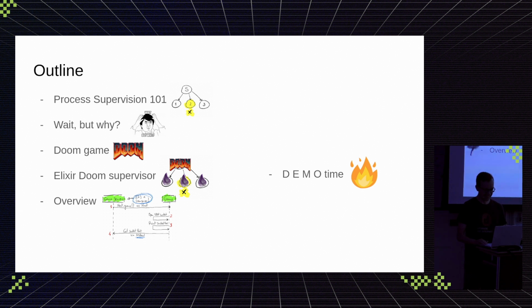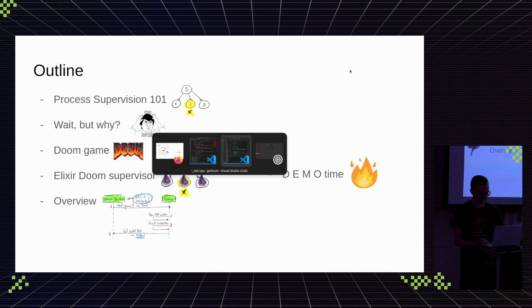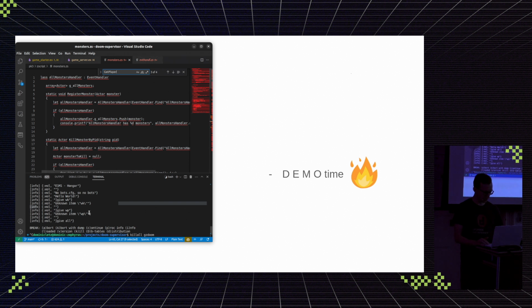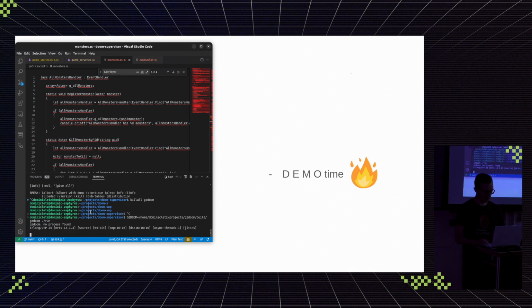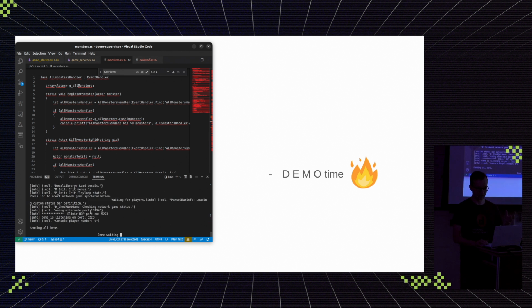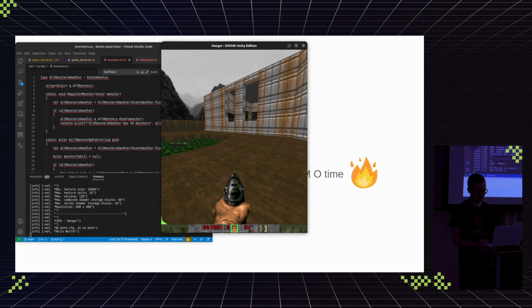So there's one for all, rest for all, for example, and one for one, right? These different strategies. And his idea was, let's try to get this into Doom. So there's something he wrote which is called the Doom supervisor. And when I start this up, this starts an Elixir program, and this launches Doom.